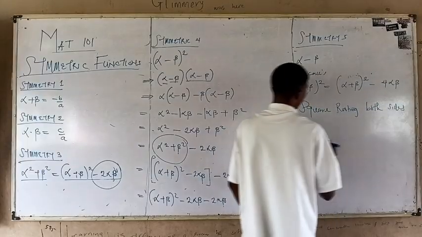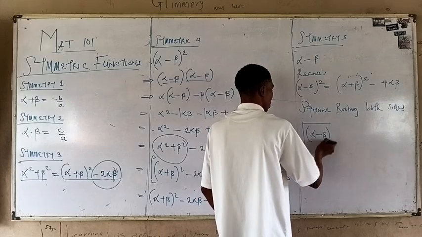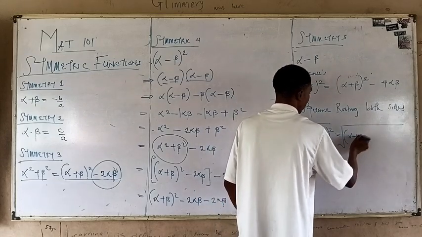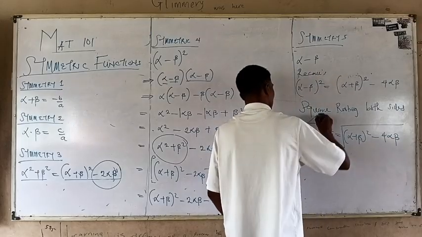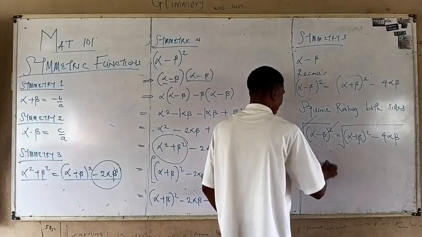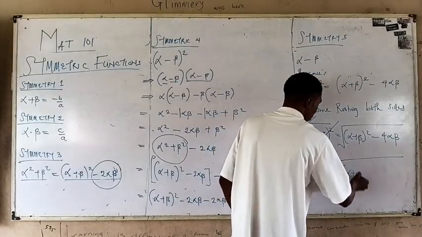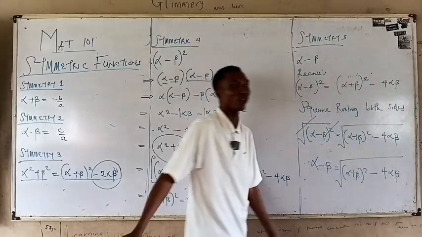What will it go on to? You know the square root of this, then all the square root of this, minus what? So what happened? So I left just alpha minus beta to be the square root of alpha plus beta all squared minus 4 alpha beta. So that's the symmetry function for that.